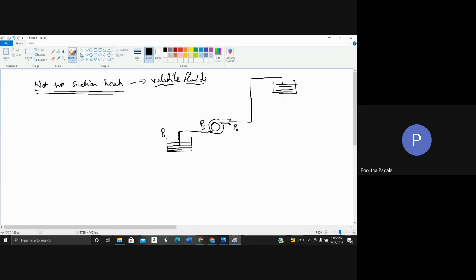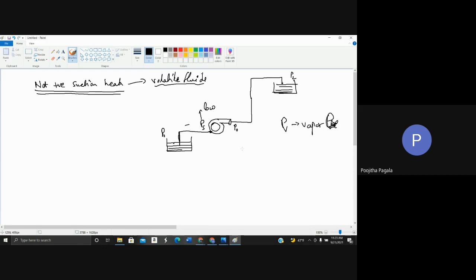And this is the outlet pressure, and you have the final pressure P2. And PV is the vapor pressure of the fluid. So usually suction pressure has to be low. Only when it is low is it possible for the fluid to flow from P1 to PS. So fluid flows in the direction of decreasing pressure, from high pressure to low pressure, which means PS has to be obviously lower.